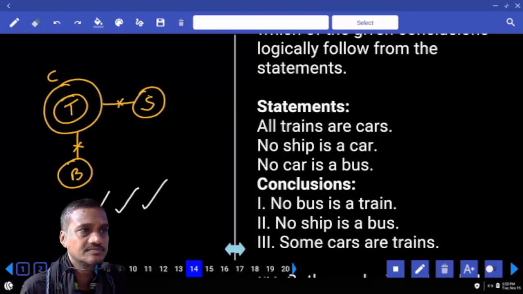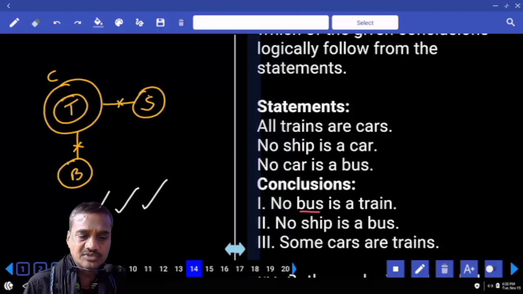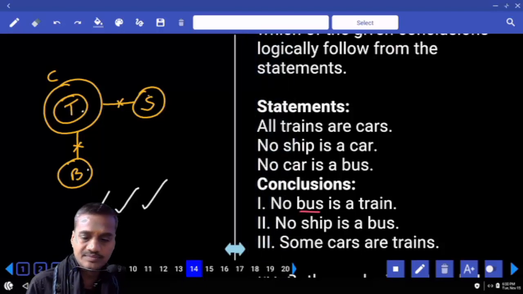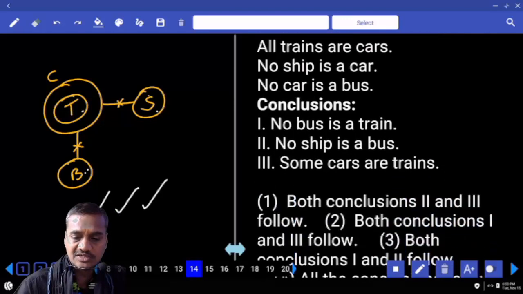Now, all trains are cars, no ship is a car, and no car is a bus. No bus is train is true, no ship is bus is true, and some cars are trains is also true. Among these three, the first two are negative conclusions.